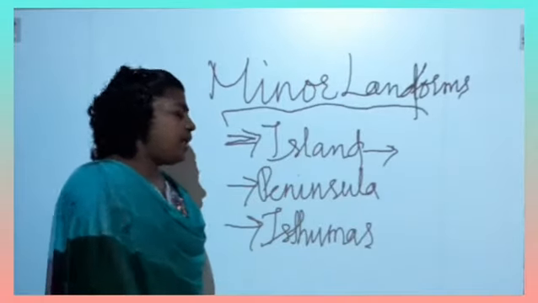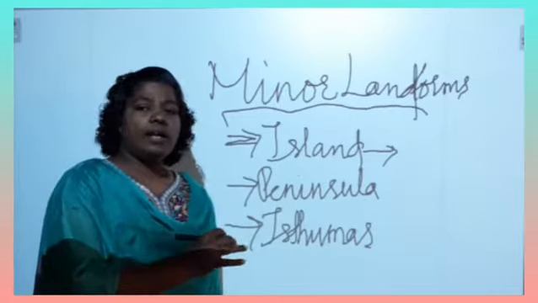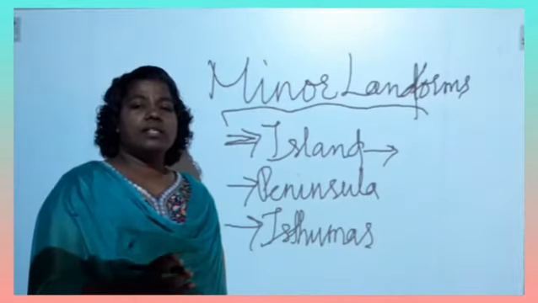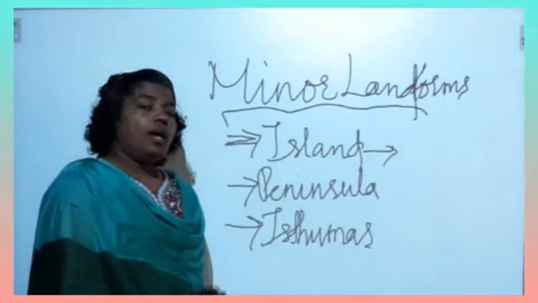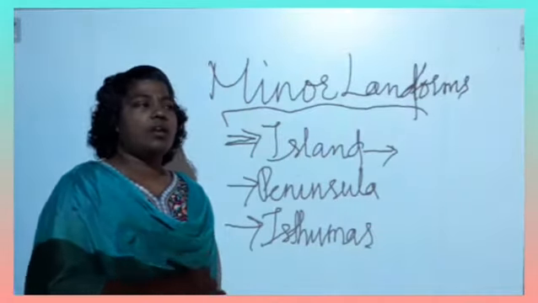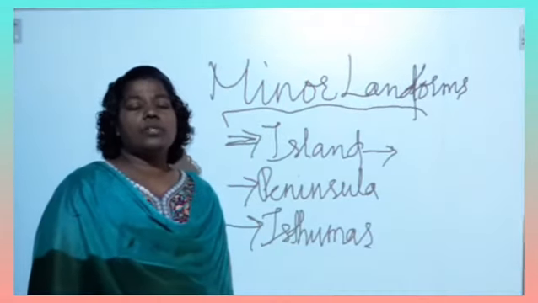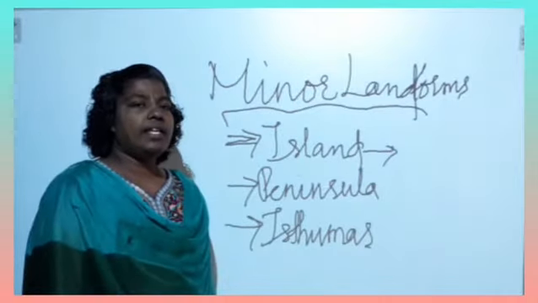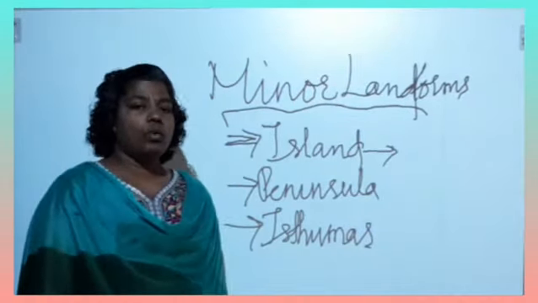For example, the Isthmus of Panama connects two landmasses, North America and South America. And the water found on either side of this isthmus is, in the east we can find the Atlantic Ocean and in the west we can find the Pacific Ocean.